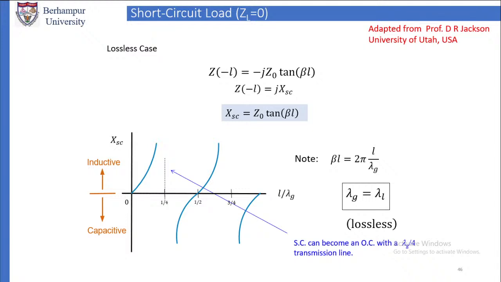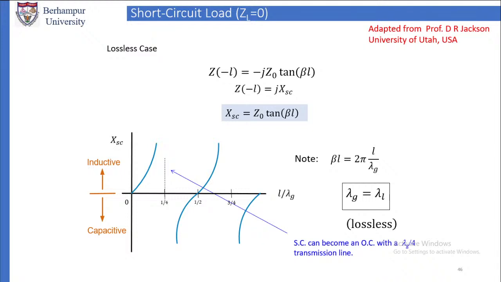Then from beta L equal to pi by 2 to beta L equal to pi. When beta L is equal to pi, 2 pi into L by lambda g is equal to pi. From that you can say L by lambda g is equal to 1 by 2. In that range tan beta L is negative, because beta L is between pi by 2 and pi.